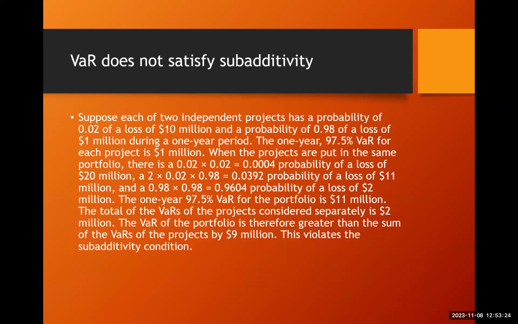It's when there are big tails beyond the value at risk. And so you can read this example to see that the value at risk for an individual asset can be pretty low, but when you add 2 assets together, their value at risk can balloon up if you have these large tails.